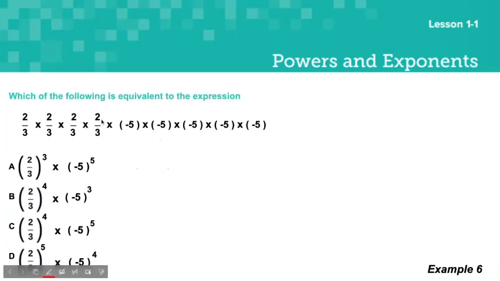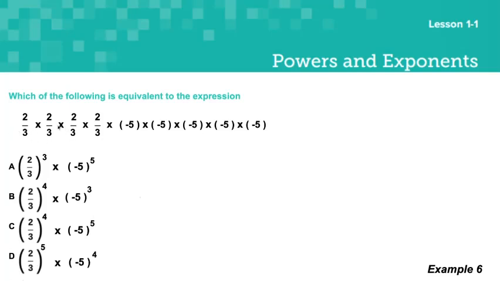This is a choice question. Which of the following is equivalent to the expression? First thing, we write this factor as an exponent. We see how many 2 over 3 we have.